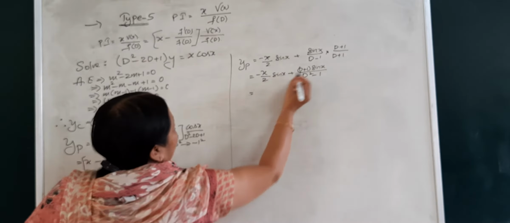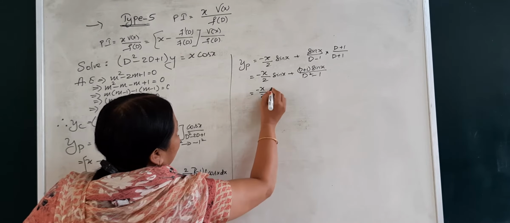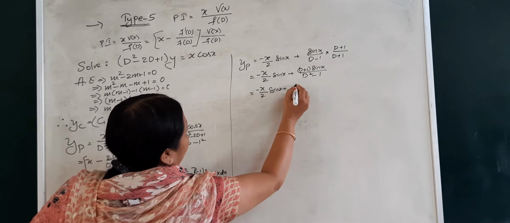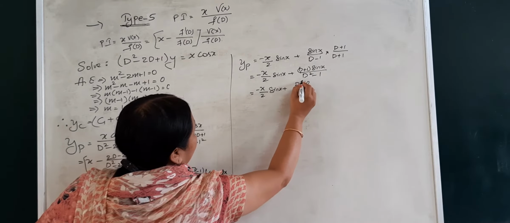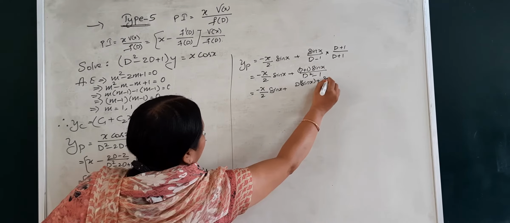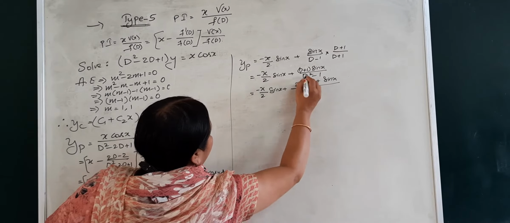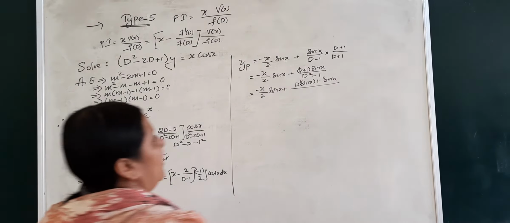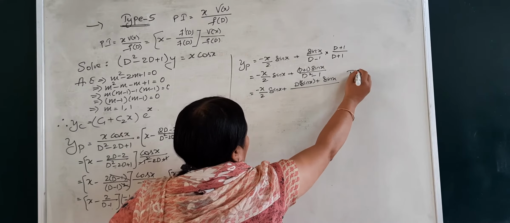Now D sin x. What do you mean by D sin x? Let me take another step. D sin x, that is derivative of sin x, plus 1 sin x, whole divided by, instead of D square minus 1, let me apply type 2.